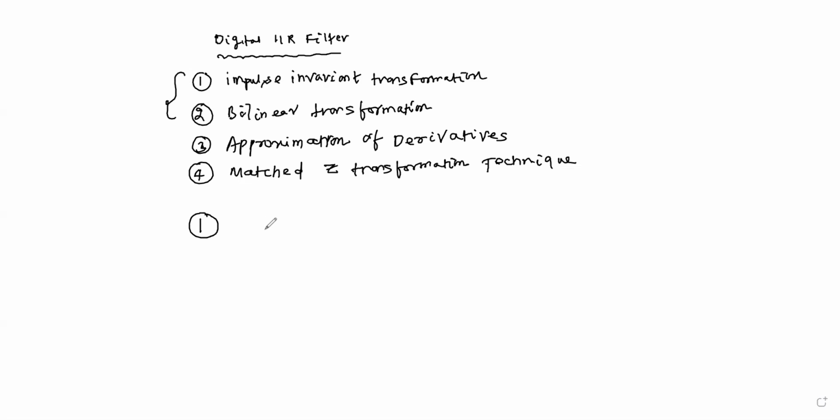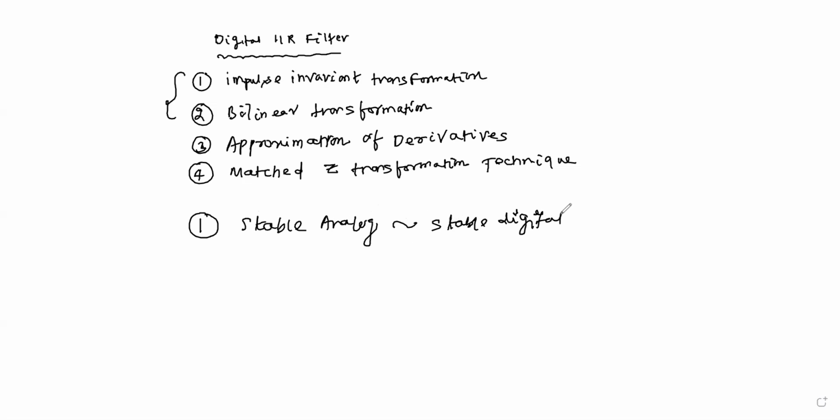So how can we map? We can map a stable analog filter to a stable digital filter, yes or not? That is very, very important. In one line, I can say a stable analog filter maps to a stable digital filter, or we can convert stable analog to stable digital.